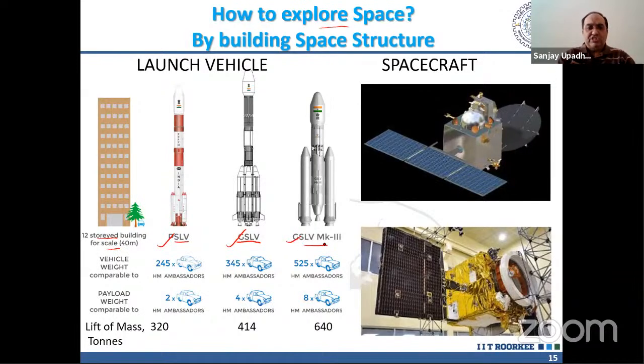The GSLV Mark III weighs about 245 times one Hindustan Motors Ambassador. The payload weight is this: lift of mass 320, 414, 640.